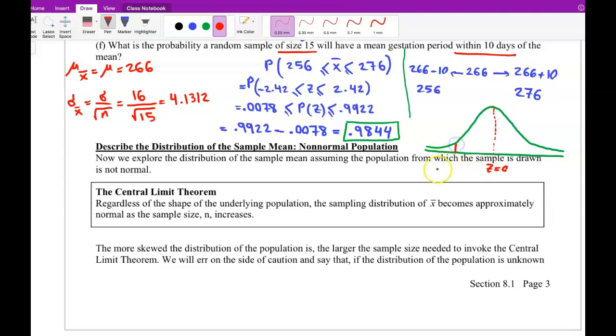Here on the side, z is negative 2.42. And here z equal to positive 2.42. And we got the answer for this part, what the area is. For this part, the area was 0.9844.